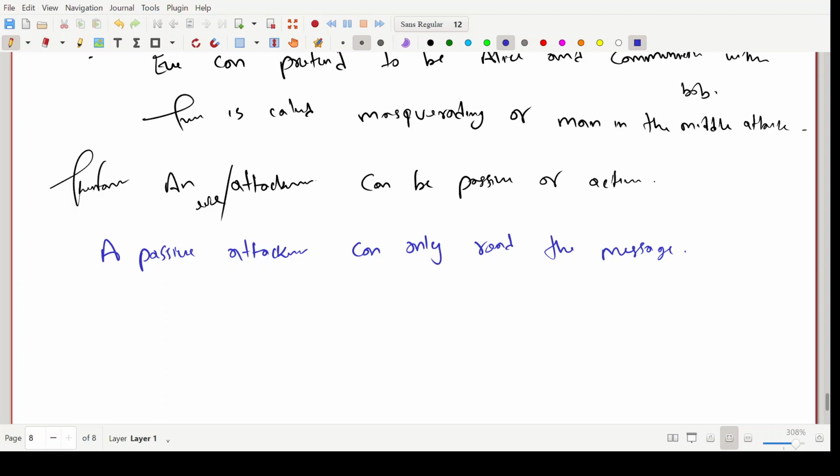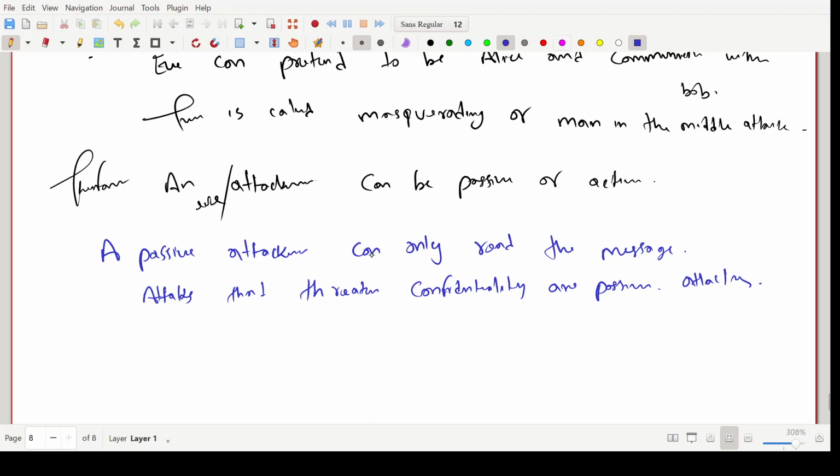So attacks that threaten confidentiality are passive. That means he is able to get to know the message. He is not taking any action, but now your privacy is in danger. Passive attacks.